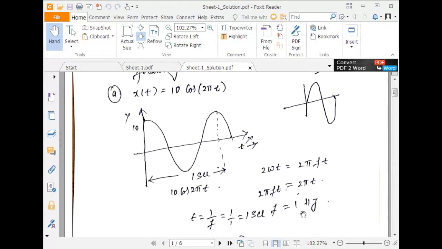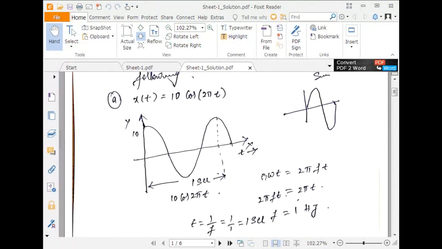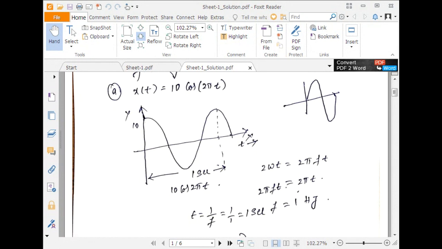In the first formula, it's written there 2 pi ft. No, not this, the previous one. This one, 2 pi ft. Here there is no 2, I have to cancel this. You can't use the pen upside there, sir.